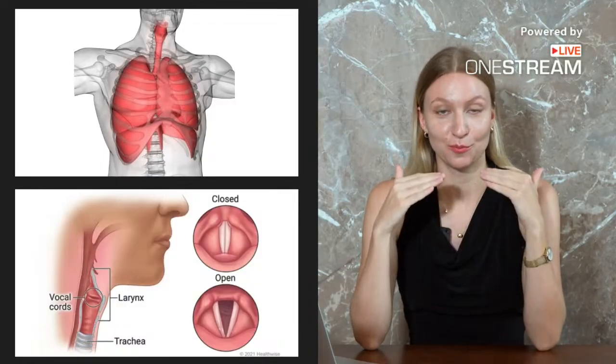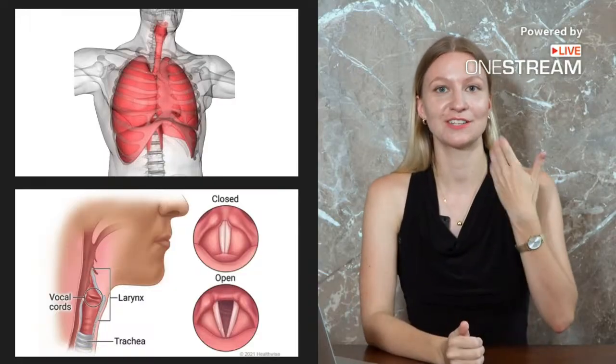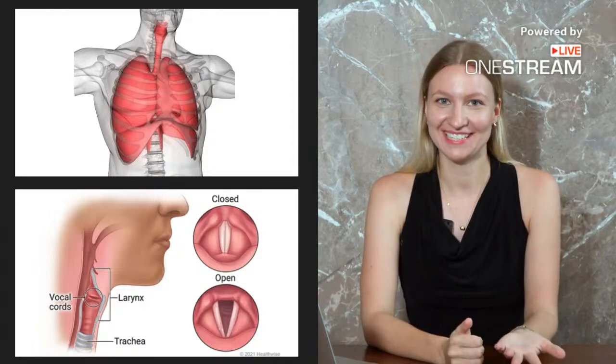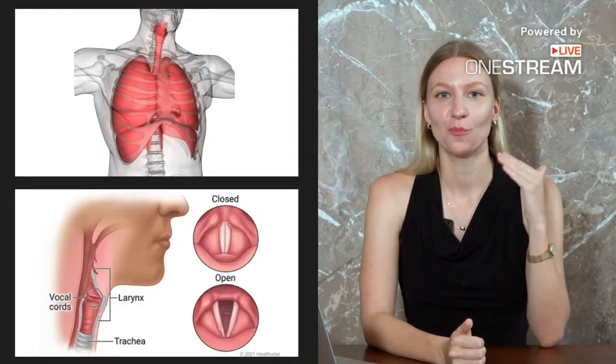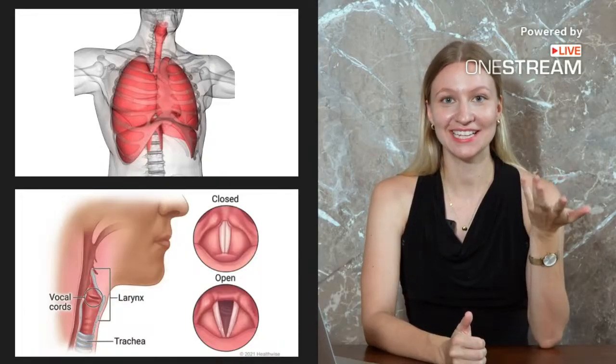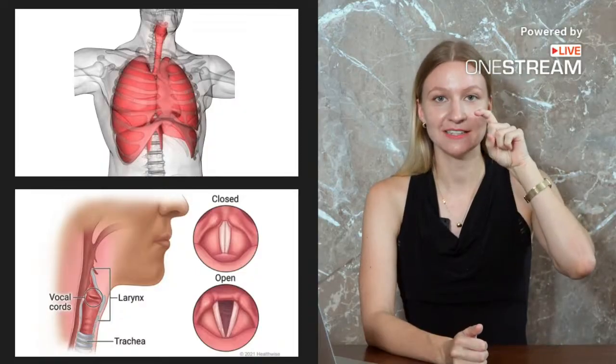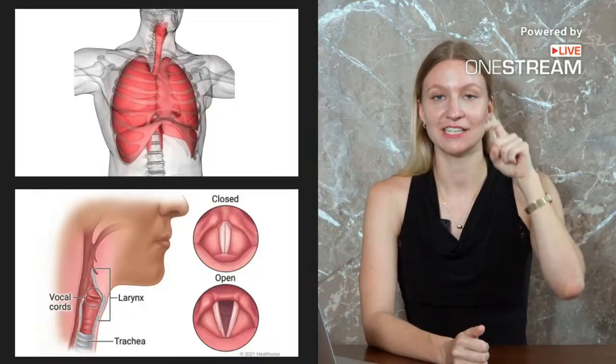If I would pull up my larynx, it would sound this way. So first, introduction. Hi, my name is Alisa. Higher position of larynx. Hi, my name is Alisa. Different, right? And if I'm going to add nasal sound, so in my nasal cavity, it would sound that way.